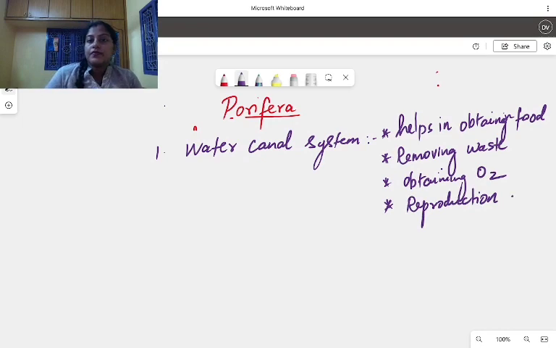Okay, so this is the functionality of the water canal system. Getting it, children? The very first typical character.